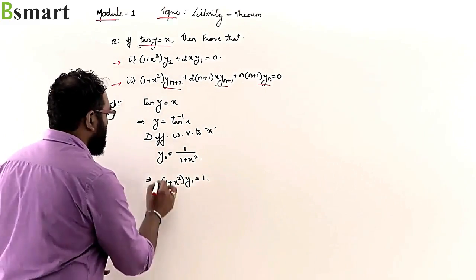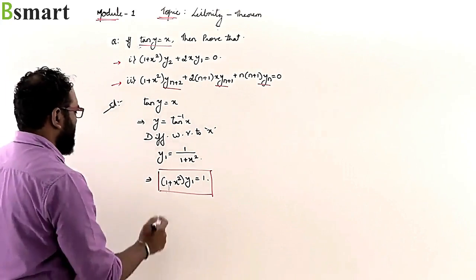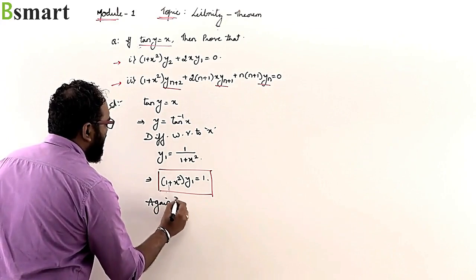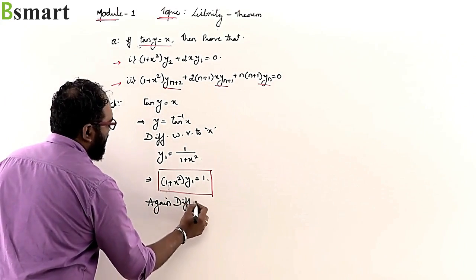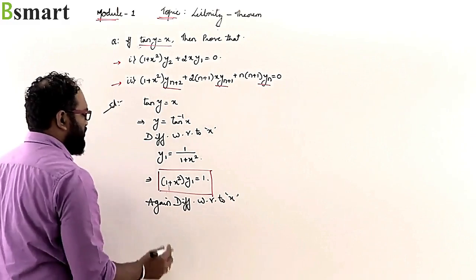Now keep this value aside. Then again I'll differentiate this again with respect to x. So if we are differentiating again with respect to x, then what do we get?